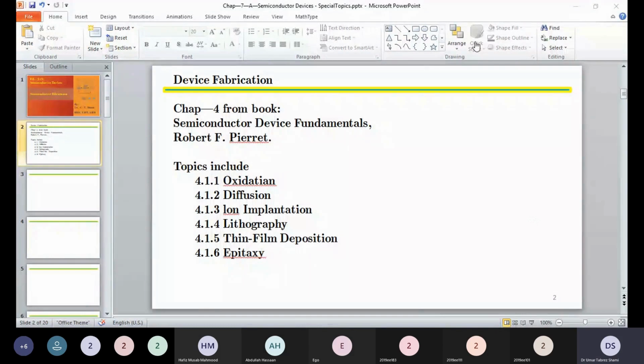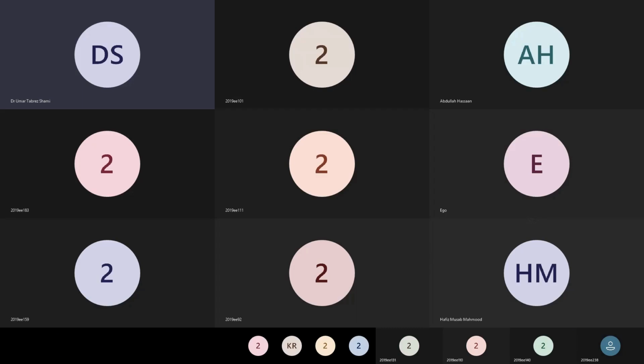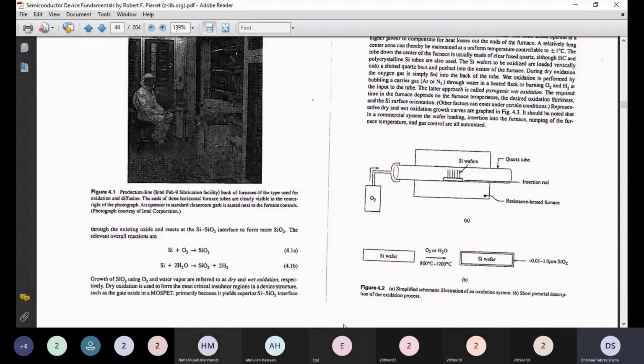So I can show this diagram that produces the silicon oxide, and here we have the chemical reactions that produce SiO2.